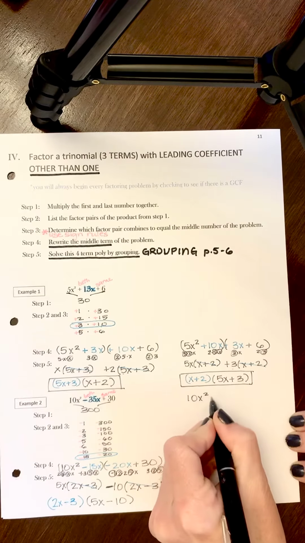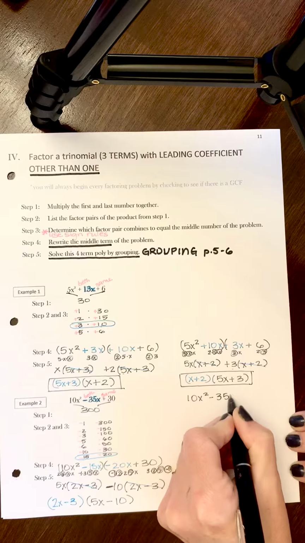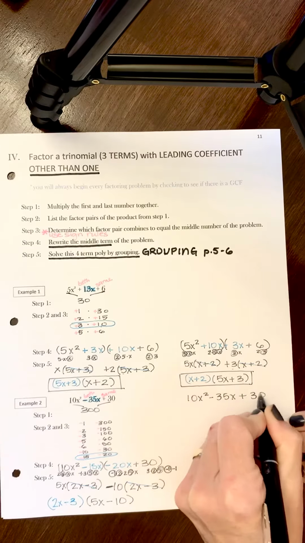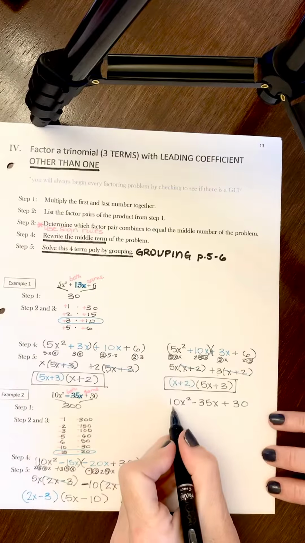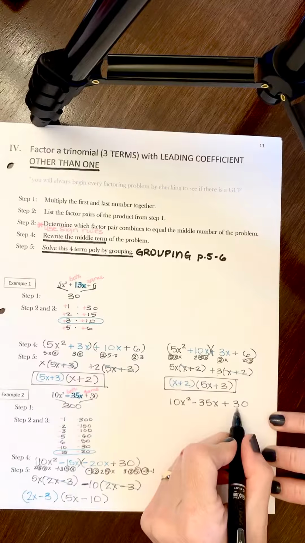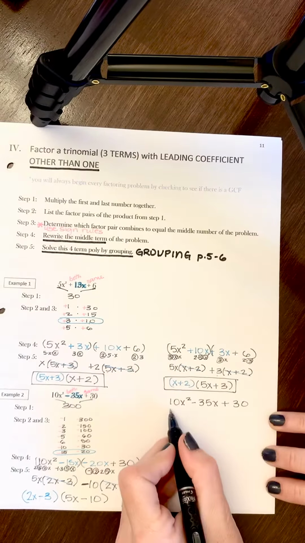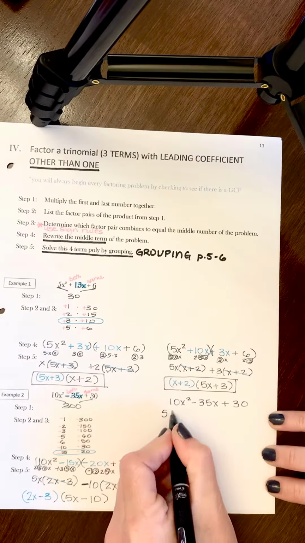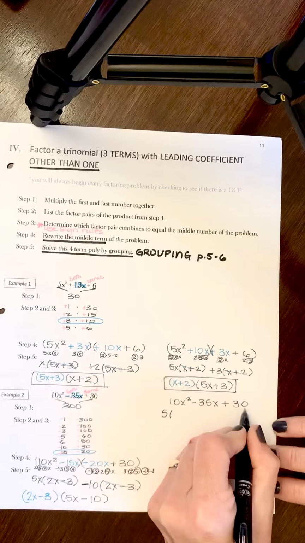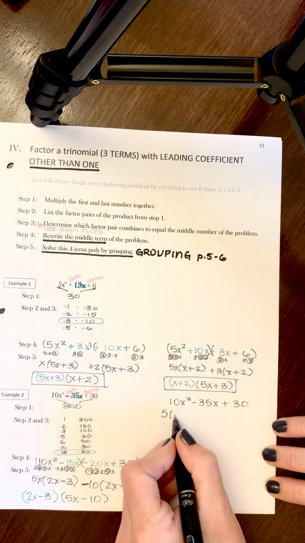10x squared minus 35x plus 30. Okay, there is a greatest common factor. They all have a common factor of 5. Okay, so I'm going to factor out a 5, and you can do the greatest common factor steps to do that.